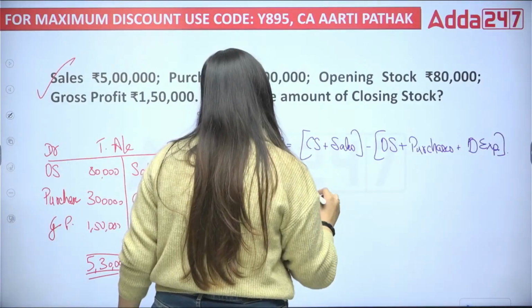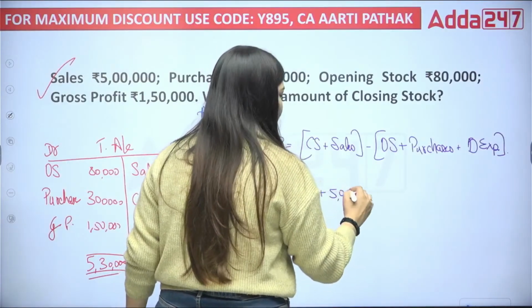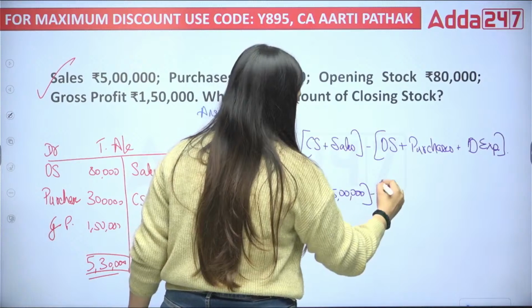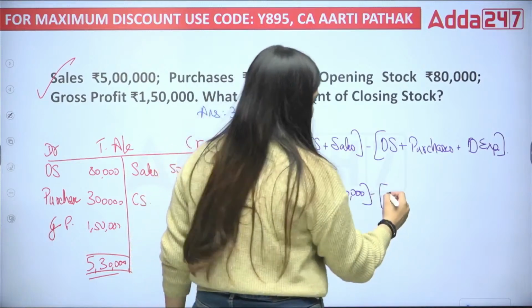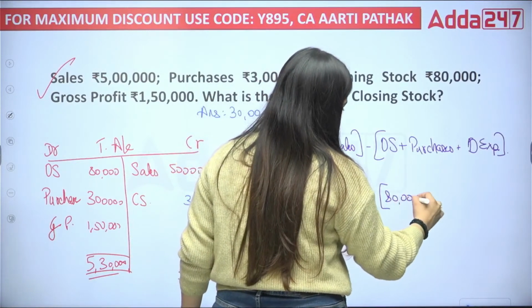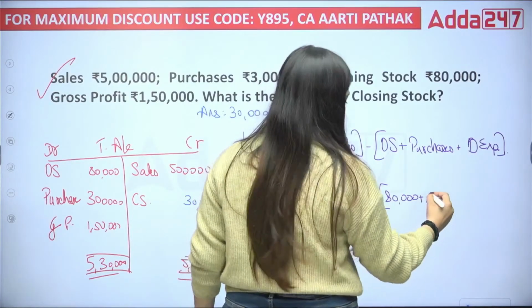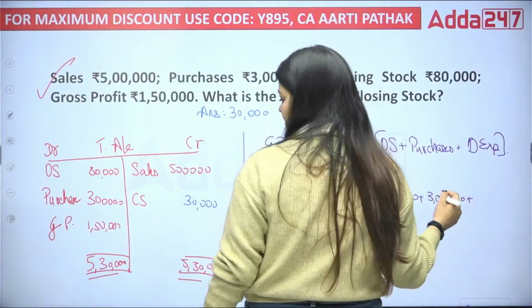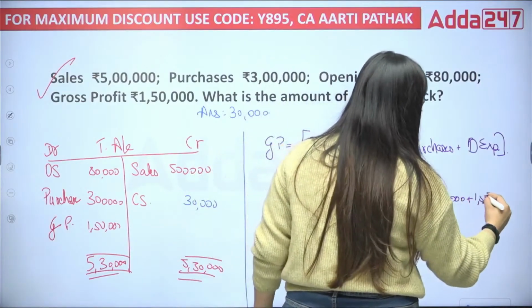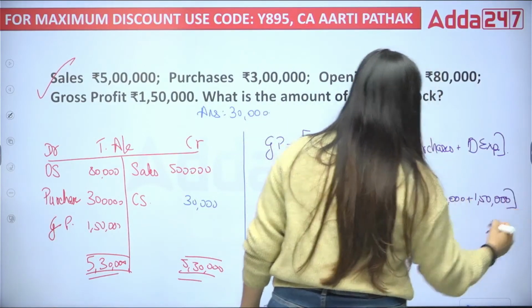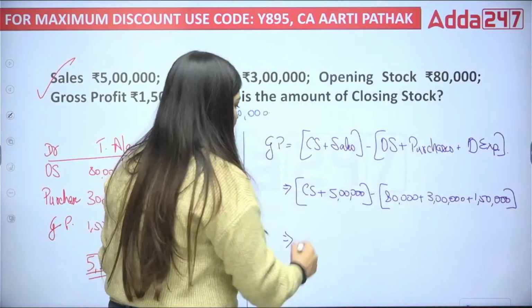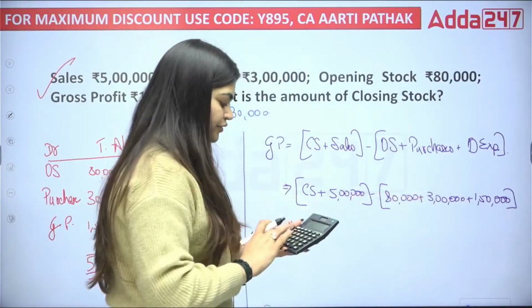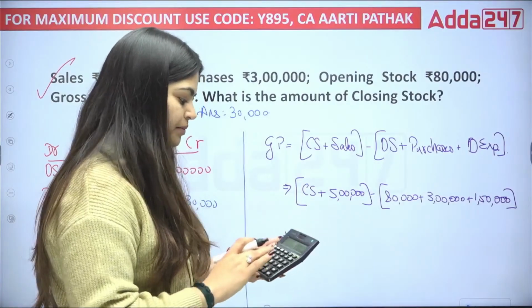So let's say closing stock plus 5 lakhs, minus you have 80,000. Purchases you have 3 lakhs, plus direct expenses you have 1,50,000. So this is going to be your 1,50,000 plus 3 lakh plus 80,000.